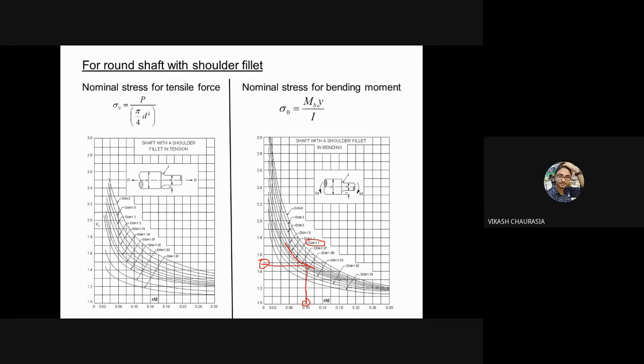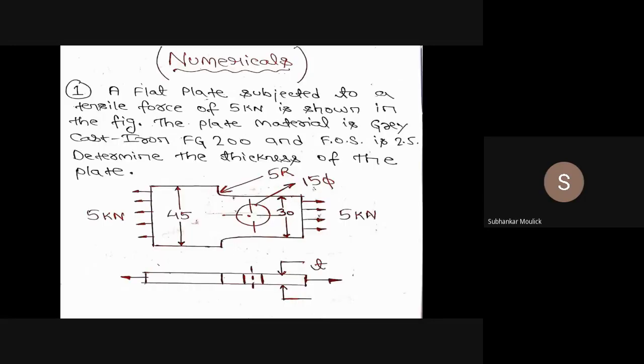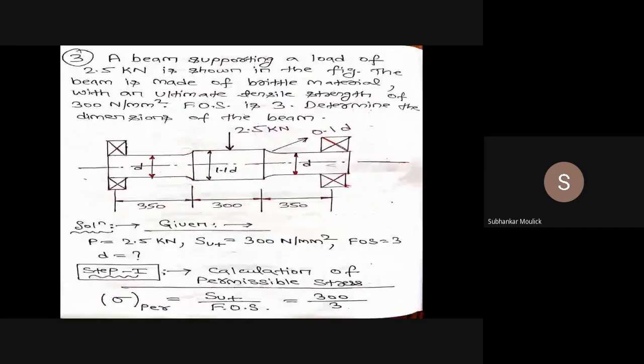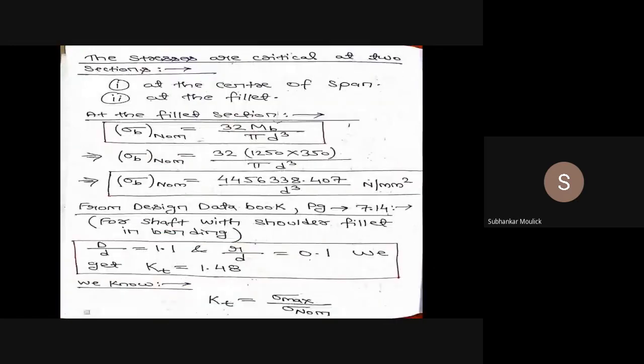Yes, sir. Fine. KT is 1.48. So I got the value of KT. Now I know KT equals sigma max by sigma nominal. Sigma nominal is this one, 4456338.407 by d cube for the fillet cross section.